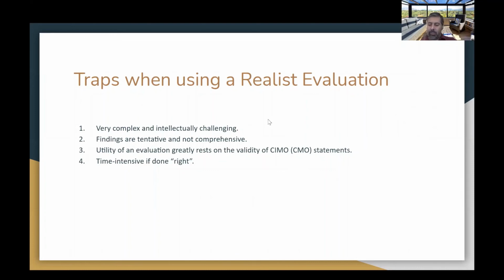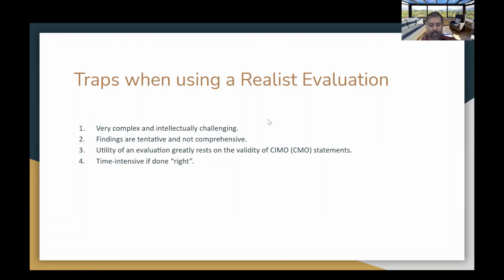Additionally, the programs change the conditions that make them work, and this may increase or decrease the program's effectiveness over time.